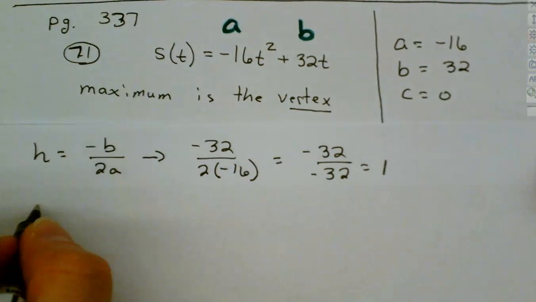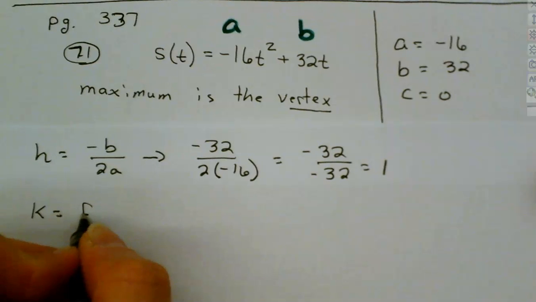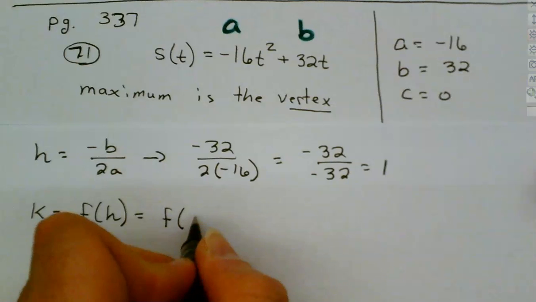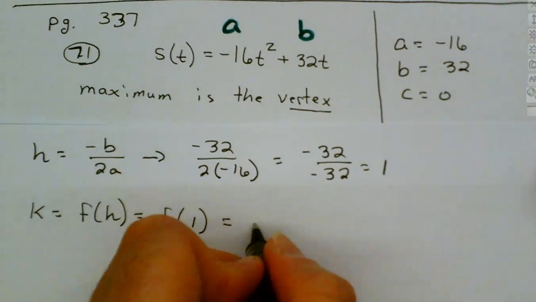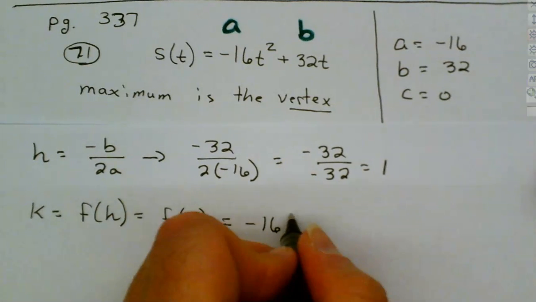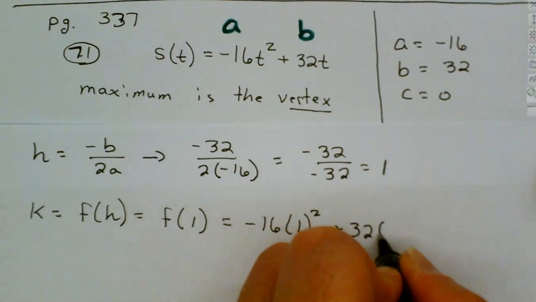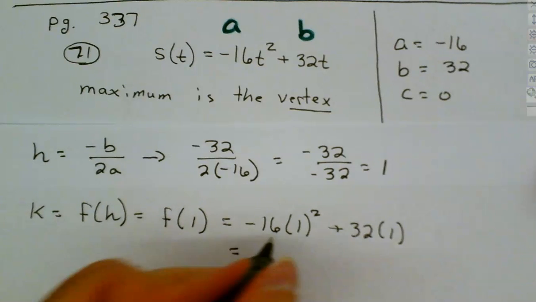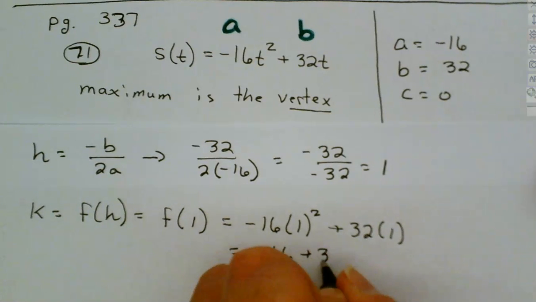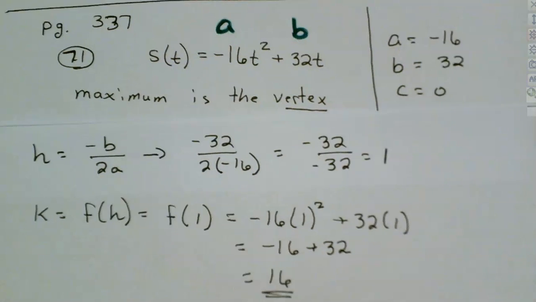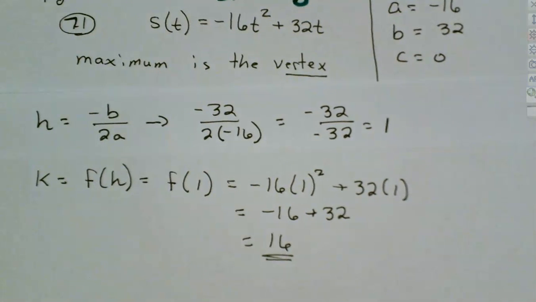Now we also need to find the height. So we need to find our k. And k is simply f of h, which is f of 1 in this case, which is then minus 16 times 1 squared plus 32 times 1. And that comes out to be 16, doesn't it? So is it kind of making sense what we're doing here?